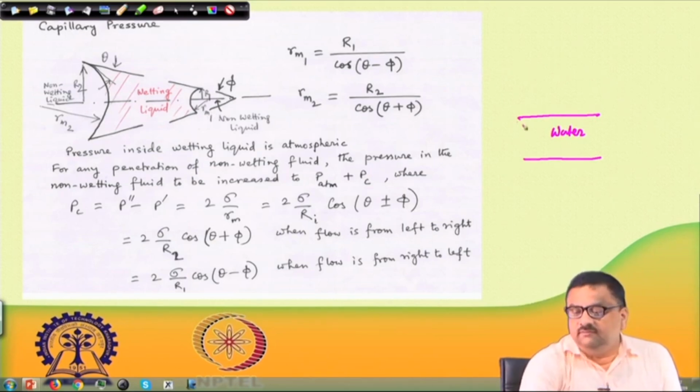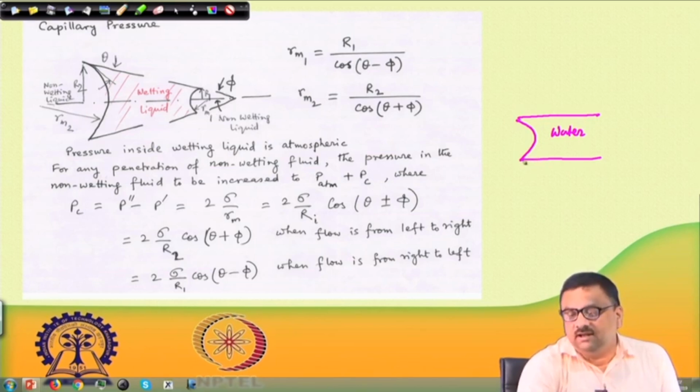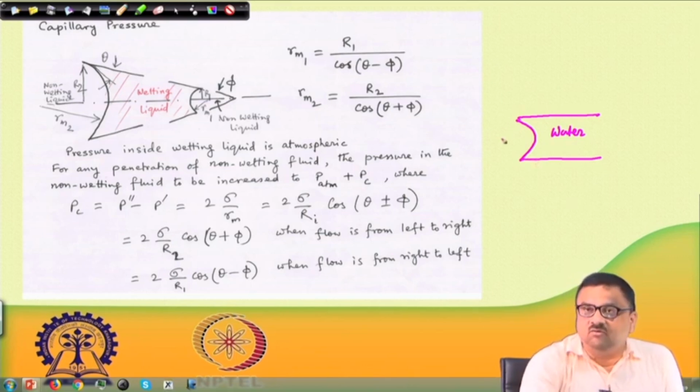So now there will be a meniscus developing, and this would be the meniscus, because there is a contact angle, and water will make a contact angle which is less than 90 degree. That is why you are calling it water wet. Had it been oil inside and water outside, this would have been a different curvature altogether. You must understand that.